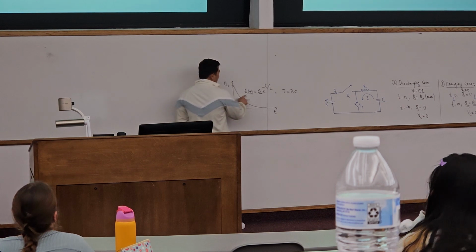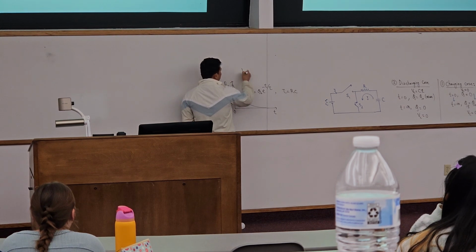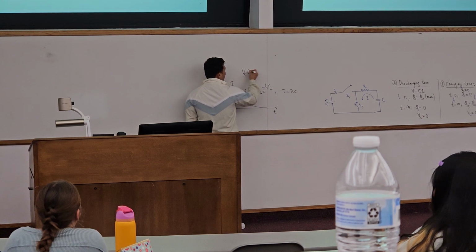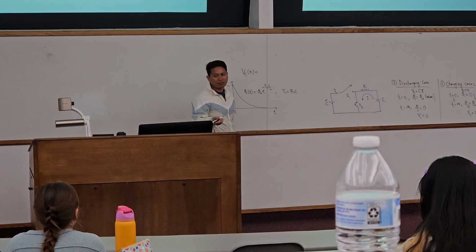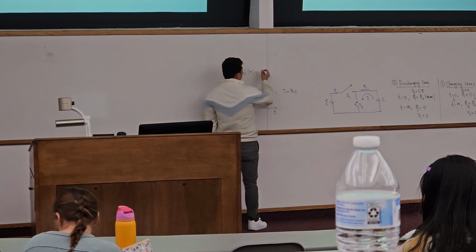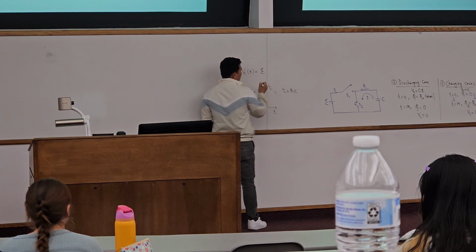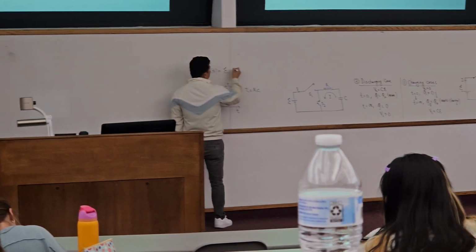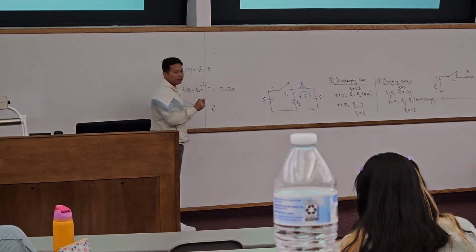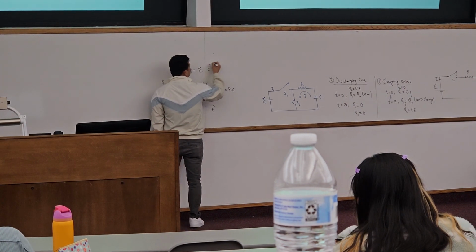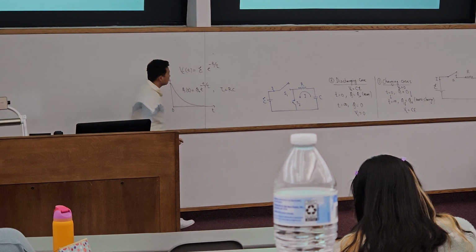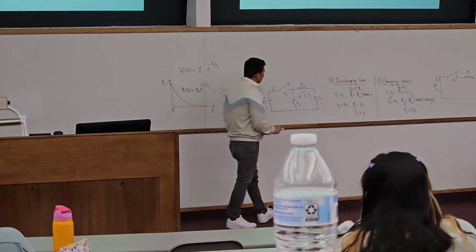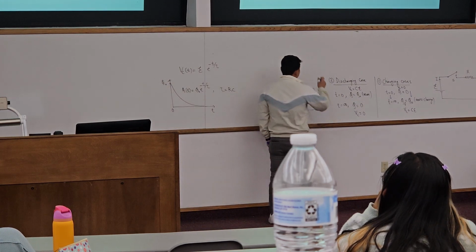So if we talk about the same thing in terms of potential, VC as a function of time is given by the maximum potential times e power minus t over tau. I think I made a typo over here.